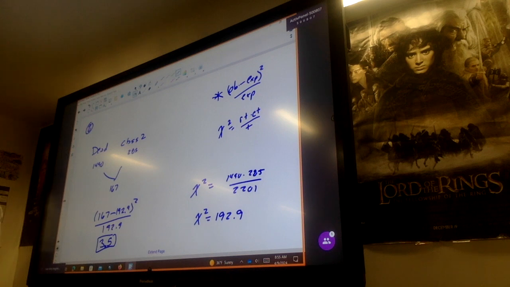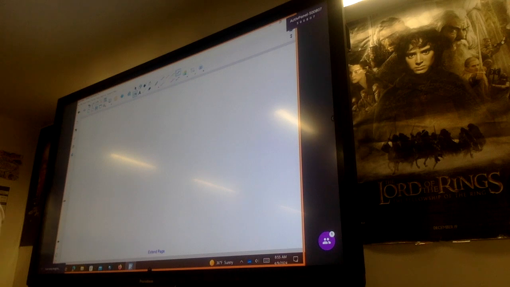All right, so I am now going to be on page 56. You with me? Page 56. All right. So chi-squared test of independence. After calculating the observed, the expected, and chi-squared values, you add the chi-square values to obtain the chi-square test statistic.